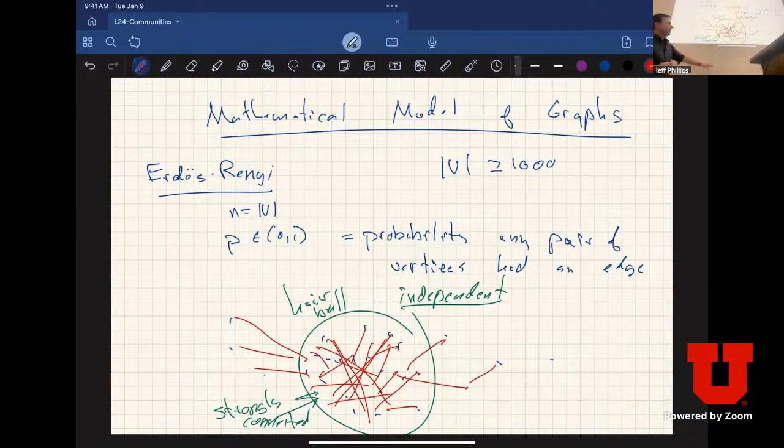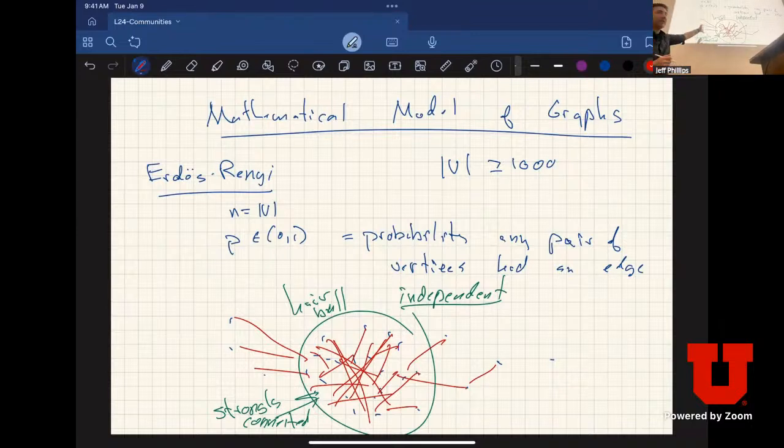Okay, and so this picture, what I've drawn here in the bottom, is fairly representative of what these graphs look like. There's one part in the middle where you can't see what's going on because it's got edges going every which way. And then there are a few vertices that have only one edge coming out. And maybe a few vertices that don't have any edges at some point, depending on what the probability is. Right? Once the probability gets high enough, everything is connected, and everything is connected to multiple things.